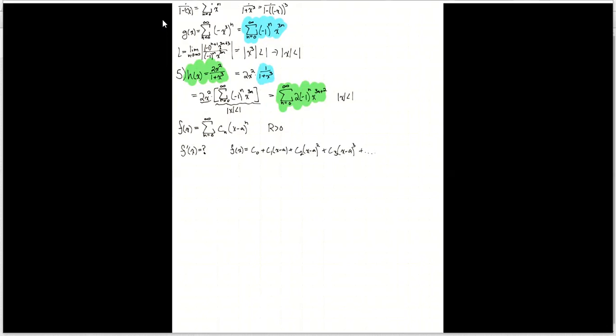So if I take a derivative, I've got d dx of this function. Well, it's d dx of c0 plus c1 times x minus a plus c2 times x minus a squared here, and then we have c3 times x minus a cubed, right?